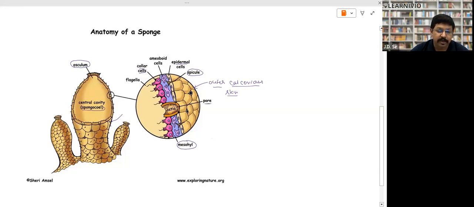So water enters from all the ostia and goes inside. Water brings fresh oxygen, carbon molecules and some small food particles. These are eaten by the collar cells or flagellated cells, right? So that's how these sponges live.